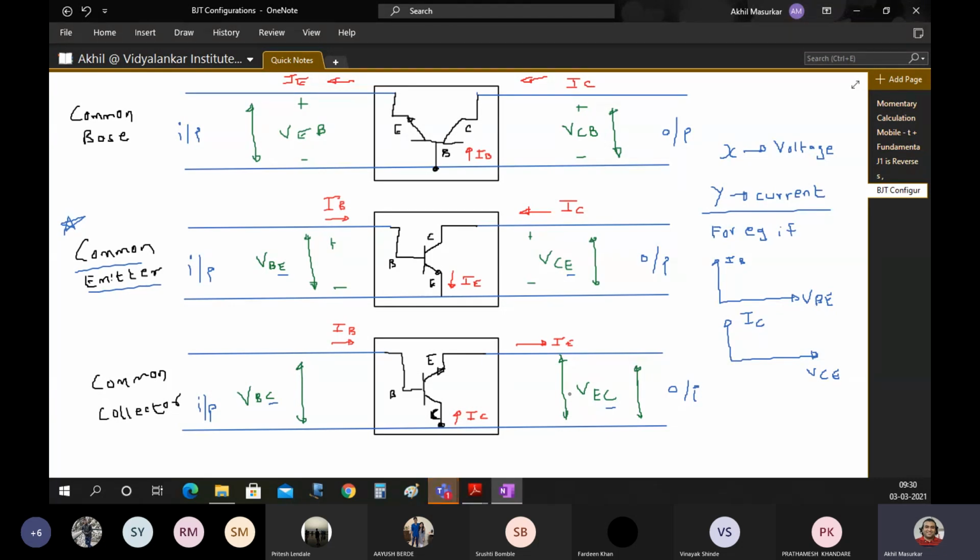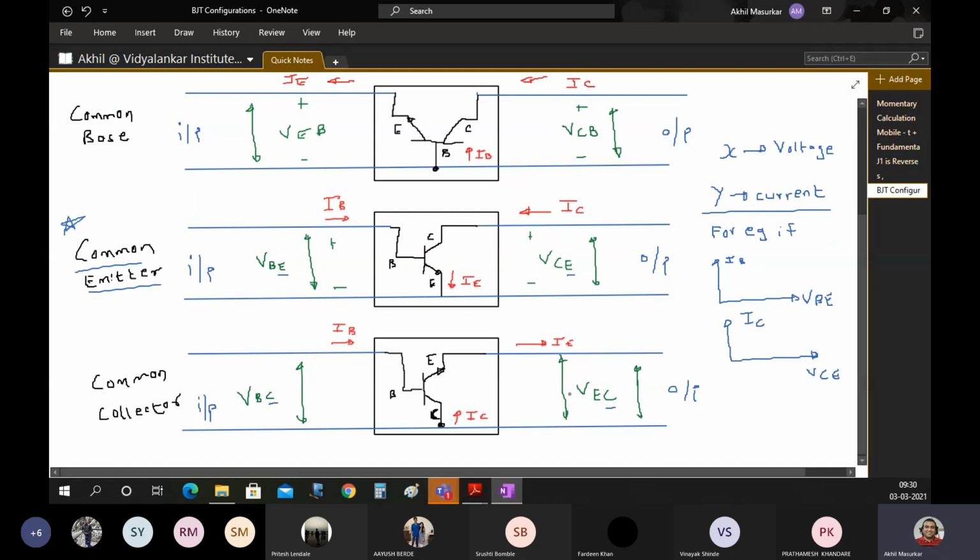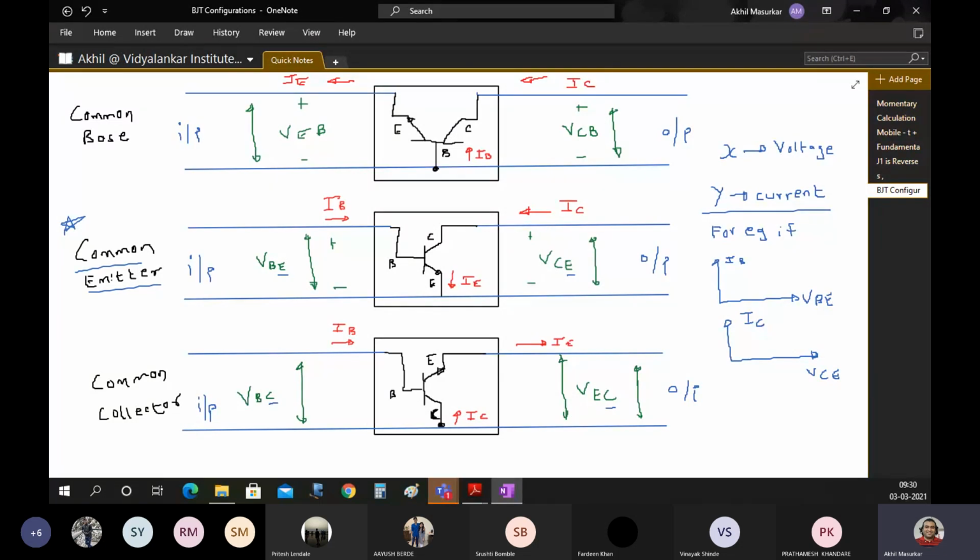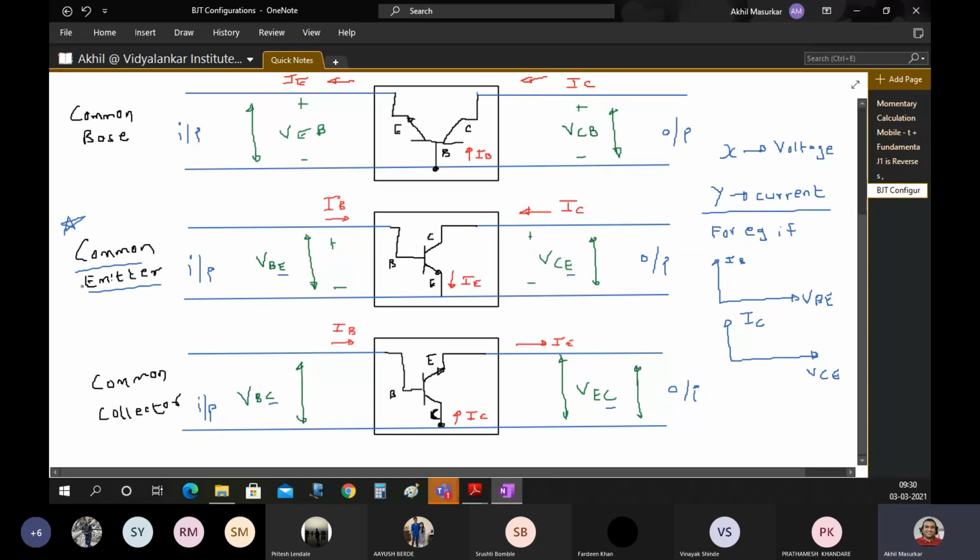So like I told you, we are interested only in the common emitter characteristics, because this is the place where we are going to use this as an amplifier, and that is the reason why we are interested only in that characteristics. Though in my notes I have included all three, but here we will talk only about common emitter kind of a configuration.